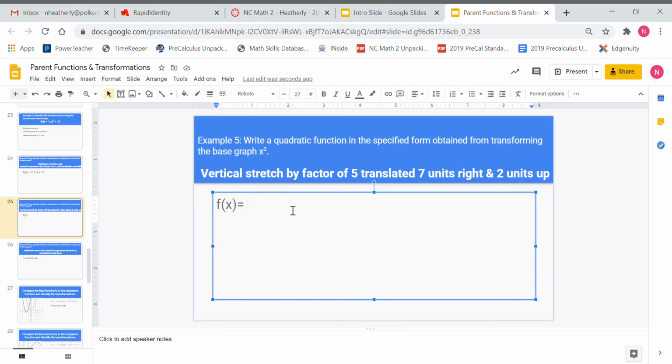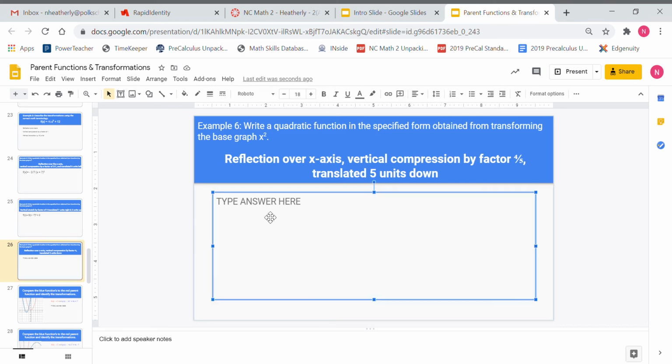Vertical stretch by a factor of 5 will come first. Since we do have some horizontal movement, we go to the right, so we'll have to have those parentheses. To the right is subtraction, so I have minus 7 and then squared. Same thing to get that superscript, you'll hit Control period. And then since we go up outside of the function, we'll have a plus 2.